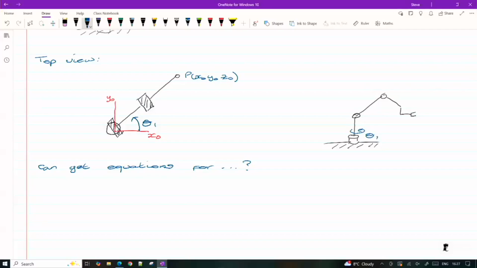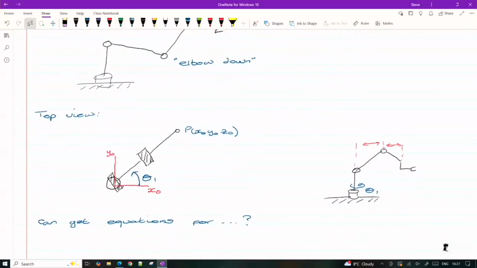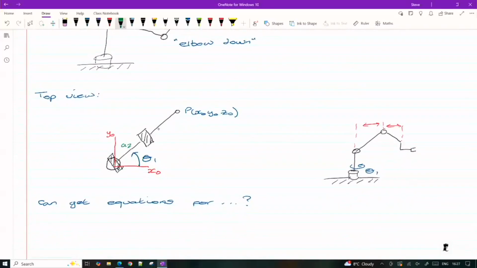But from the top-down view here, A2 and A3 are not the physical lengths that we see, they're projections of the physical lengths onto that plane.